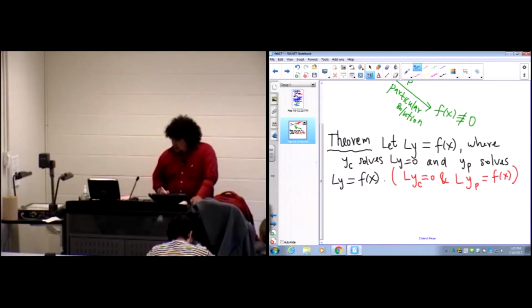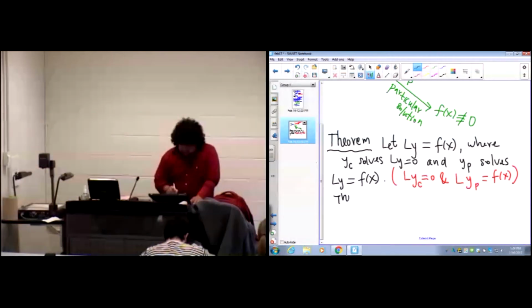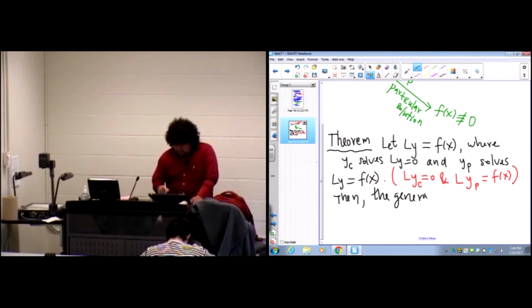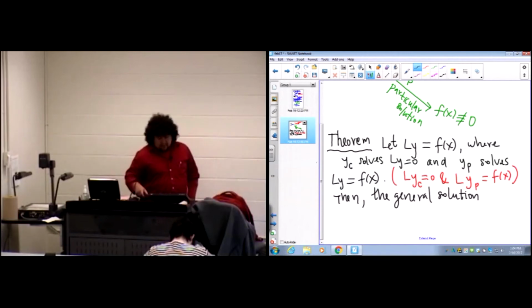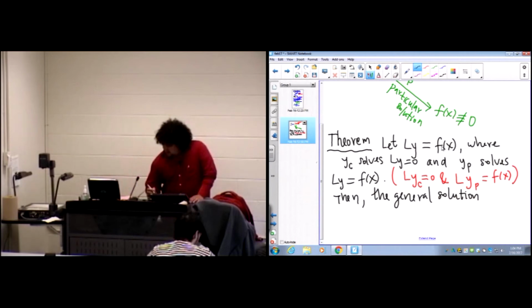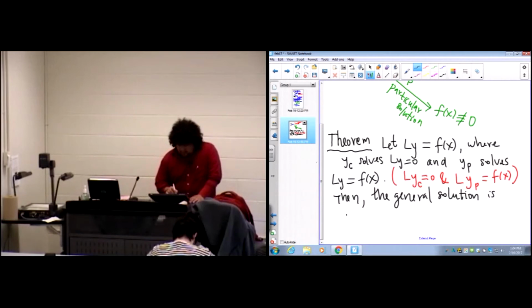Then the general solution of the original problem, the general solution of Ly equals f of x, is y equals y sub c plus y sub p.